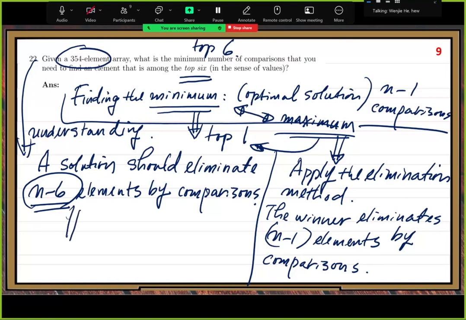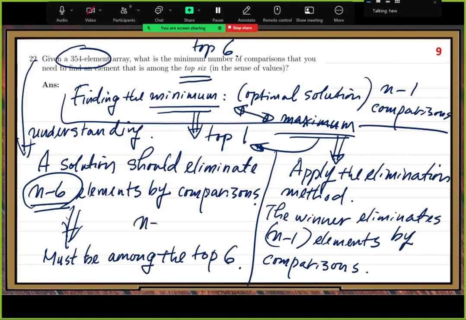Okay? So the result is that one must be among the top 6. Okay? Yeah. That n equals 354. So you can change that n number. The n number is not that important.